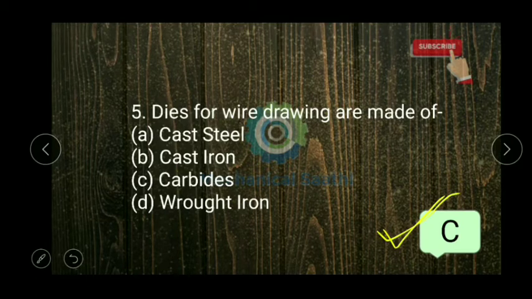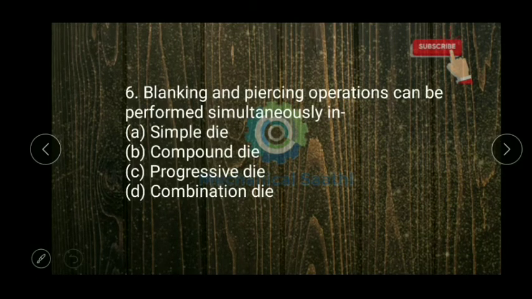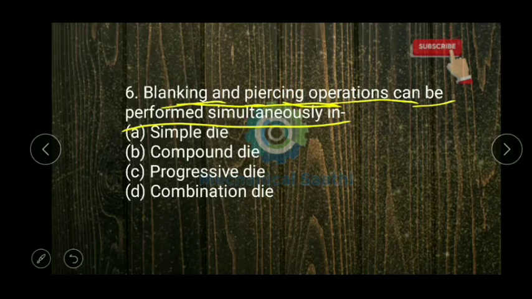Moving towards question number 6. Blanking and piercing operations can be performed simultaneously. Okay, so in which type of die can we perform blanking and piercing operations simultaneously, that we need to tick over here. Can we use a simple die for making both operations?